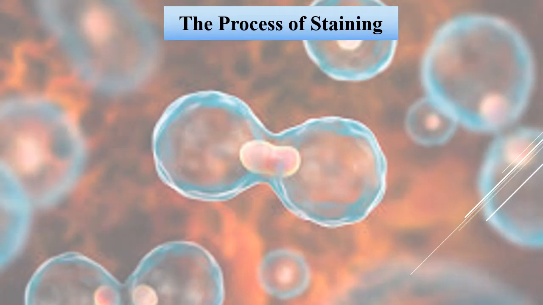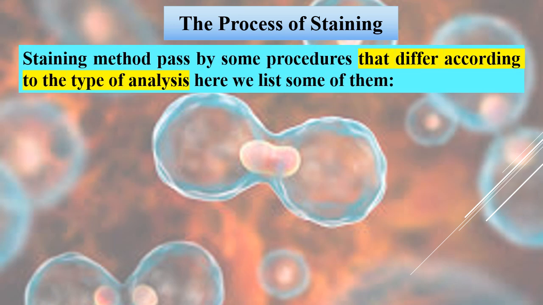Let's now talk about the process of staining. Staining methods pass through some procedures that differ according to the type of analysis. Here we list some of them. So, to stain a sample, we can just do a wet mount. In this case, we need a slide, we need our organism, we need the stain, and we may also need water.